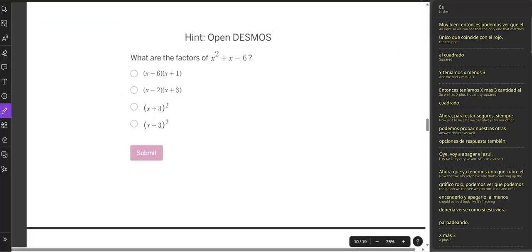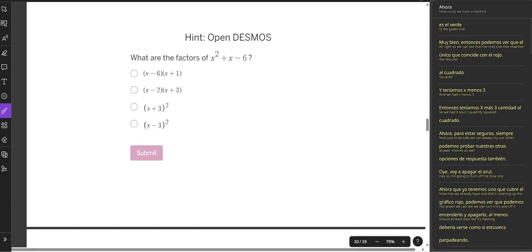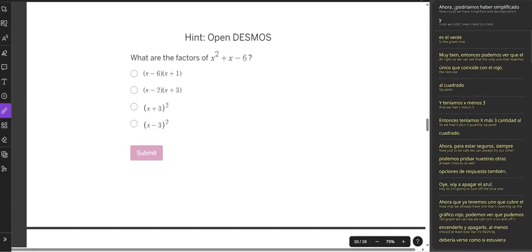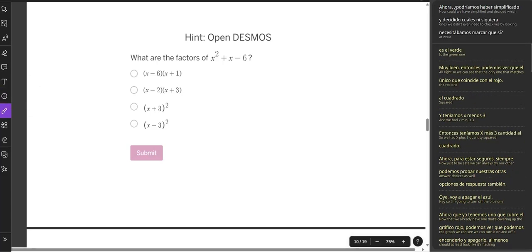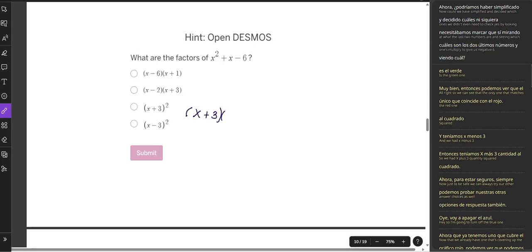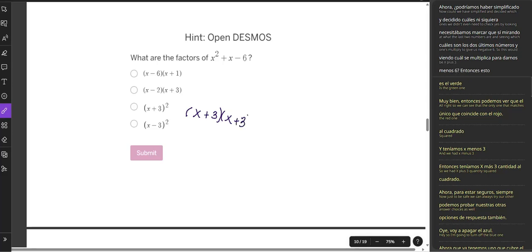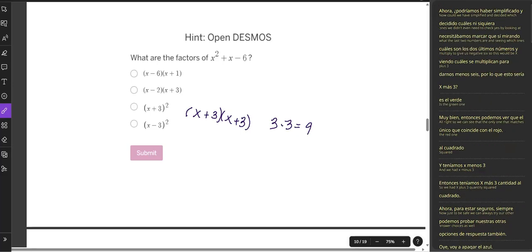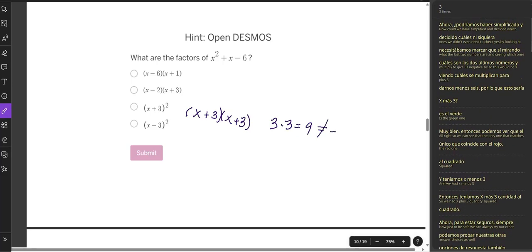Now, could we have simplified and decided which ones we didn't even need to check? Yes, by looking at what the last two numbers are and seeing which ones multiply to give us negative 6. So this would be x plus 3 times x plus 3. 3 times 3 is 9, which is not negative 6.